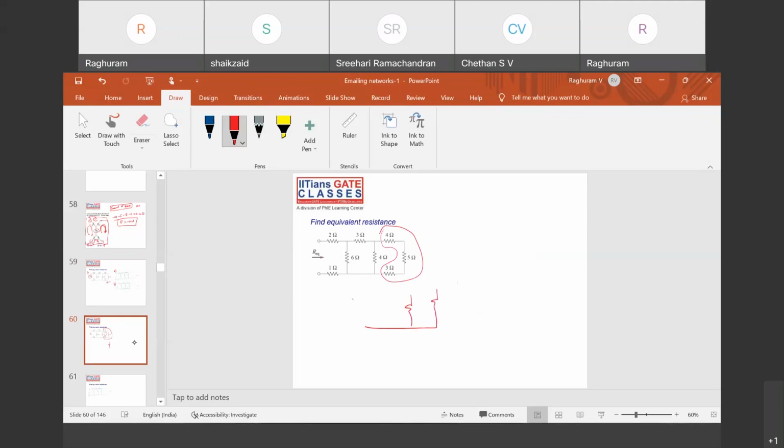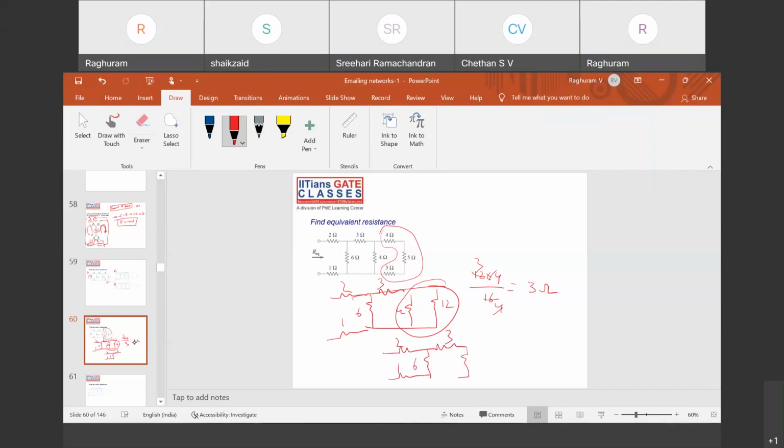12 ohms parallel with 4 ohms. How much? It's 3 ohms: 12 into 4 by 16 is 3 ohms. So this can be replaced with 3 ohms. Again 3 ohms.